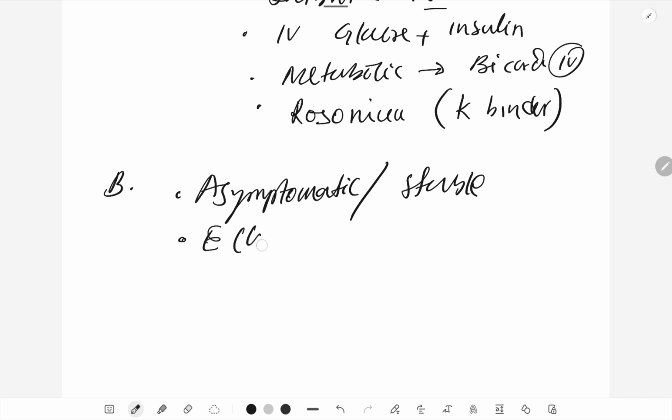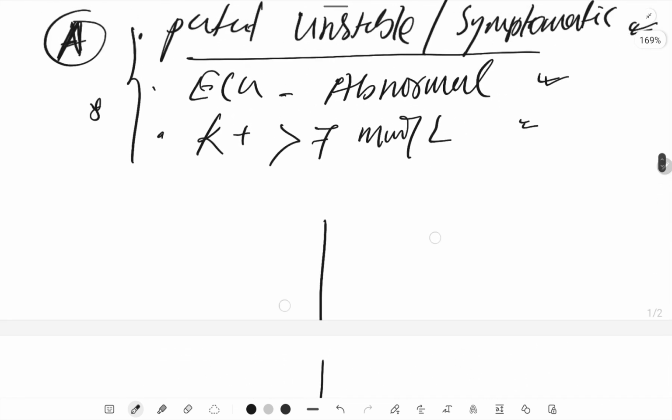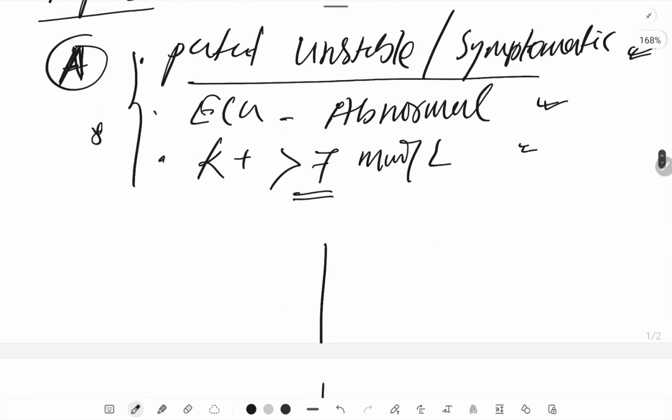Number 2 point: ECG is normal, no abnormal feature of ECG. And the potassium level, mind it, in category A, the potassium level was more than 7.